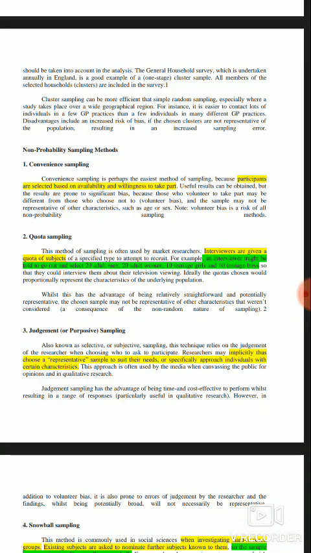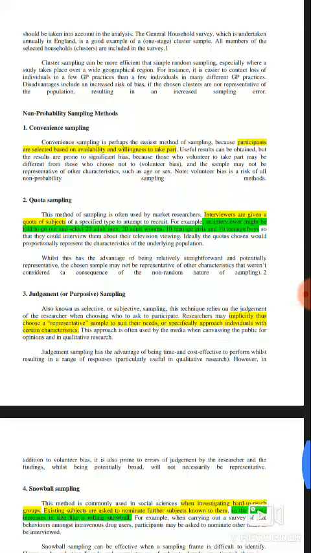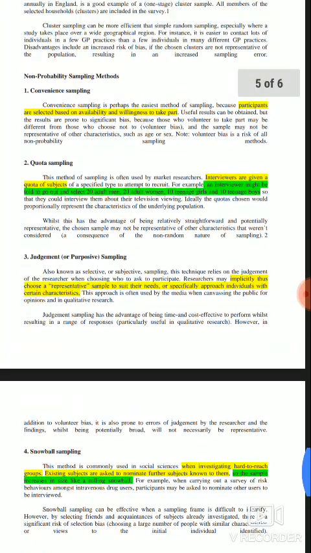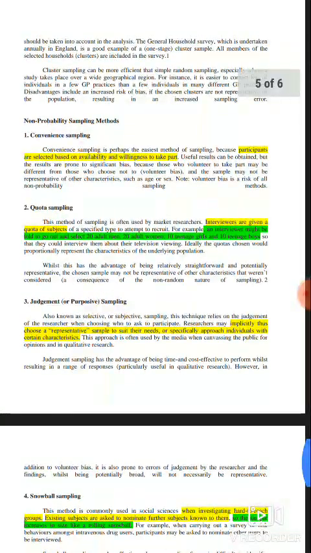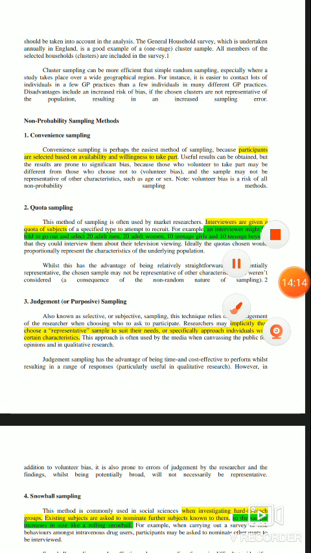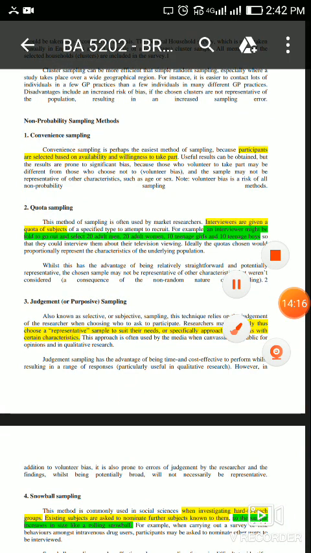Next, the second method of sampling is non-probability sampling. As I told already, when a researcher doesn't possess knowledge about the population, they go for non-probability sampling methods. It also has 4 types: convenience sampling, quota sampling, judgment sampling and snowball sampling. Convenience sampling is the basic and easiest method for drawing a sample from the population.